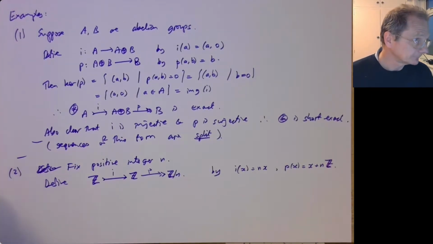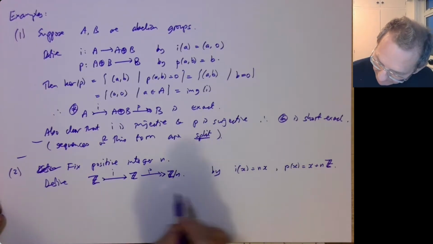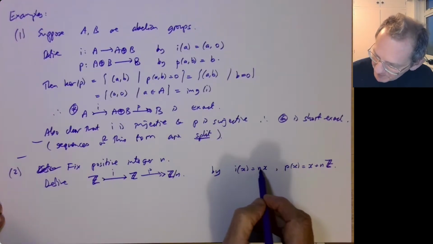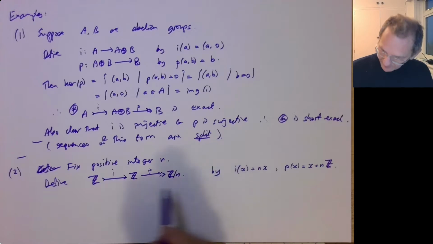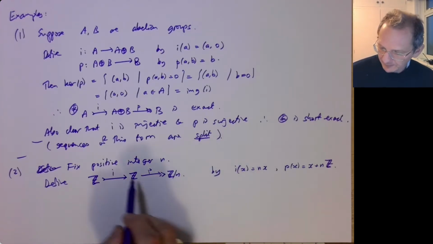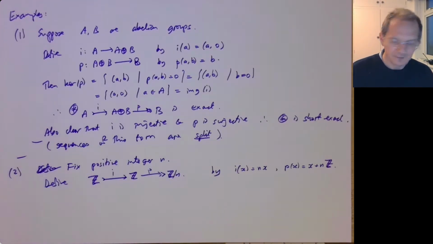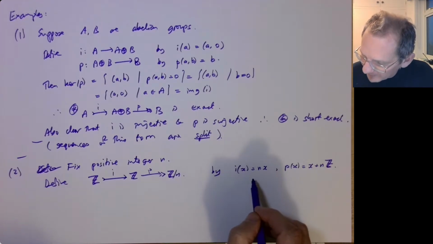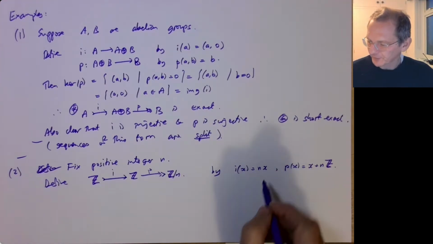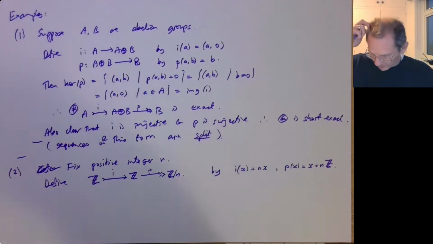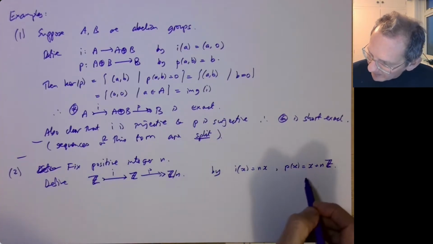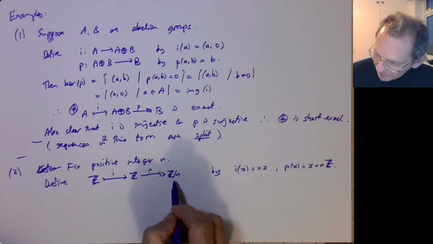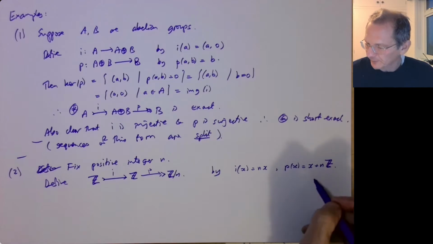Okay, so this I is multiplication by n, so that's certainly injective because n here was a strictly positive integer, so it's not 0. So multiplication by n is injective. If nx equals ny, then x equals y. And every element of Z mod n is a coset like x plus nZ for some x.